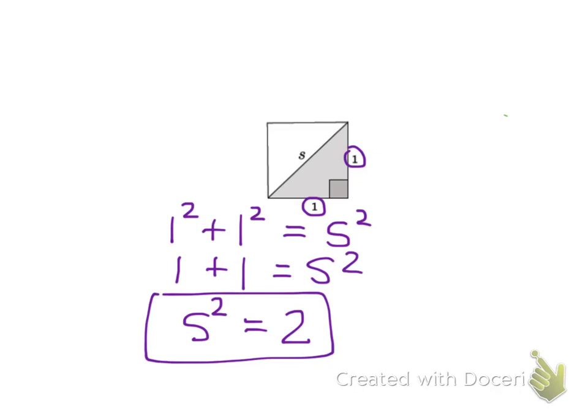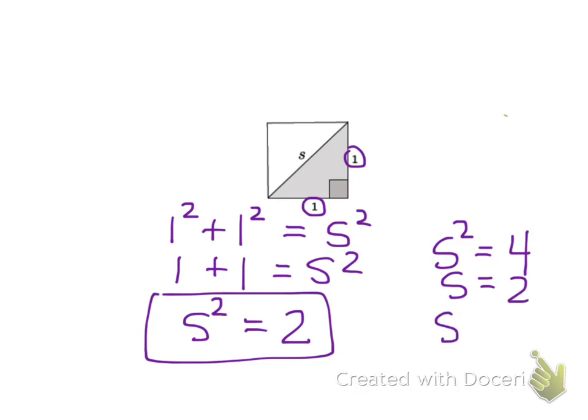Okay, so we're thinking of a number, S, that I can multiply by itself to get 2. We don't know exactly how big that number is, because we know there's not a whole number that I can multiply together to get 2. But we know from our last lesson that if S squared was equal to 4, then S would be 2.